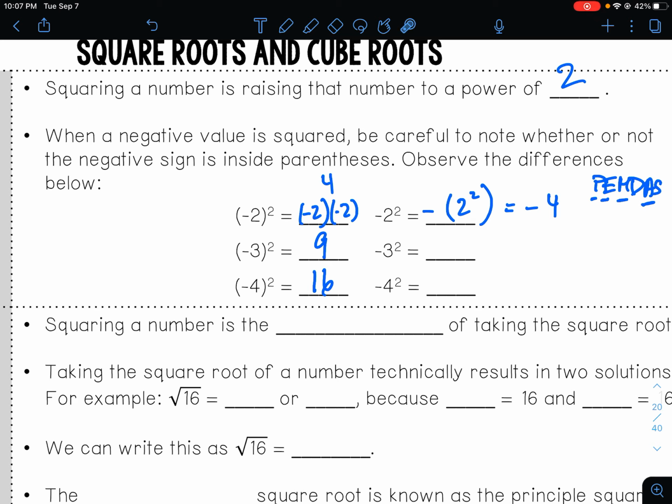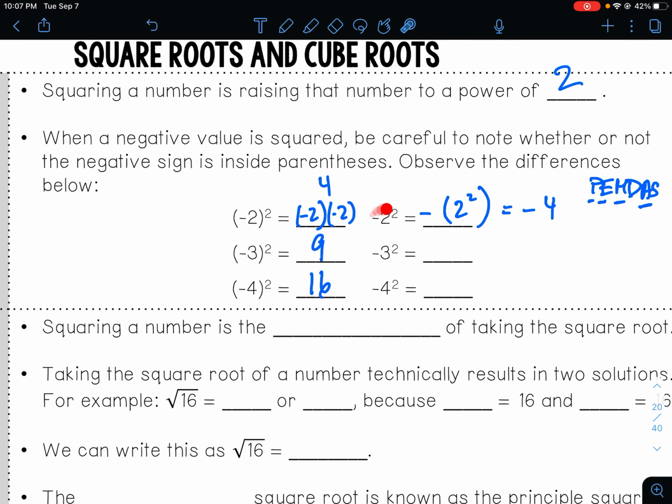Technically, this negative is almost like being multiplied, and it's being applied to the 2 square afterwards. So you would do the exponent first. You would square the 2, and then you would make it negative afterwards. So that would be negative 4.